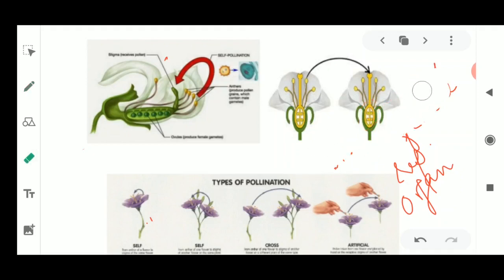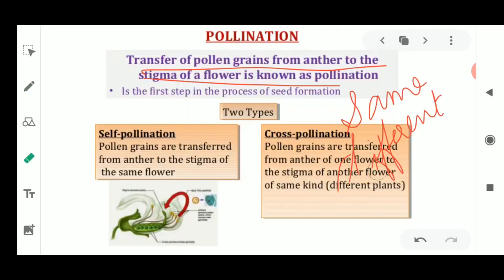We have talked about pollination, and we saw that there are two types, self and cross pollination. So what does the definition of self pollination say? Self pollination is when pollen grains are transferred from the anther to the stigma of the same flower.